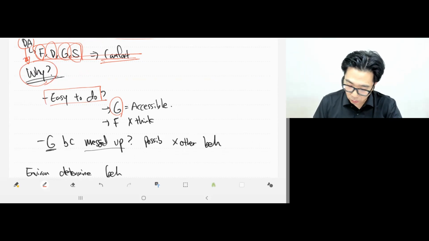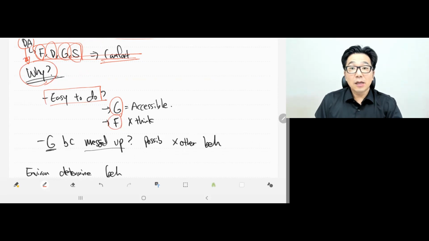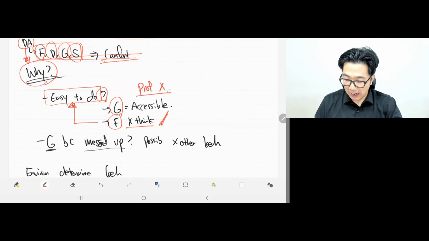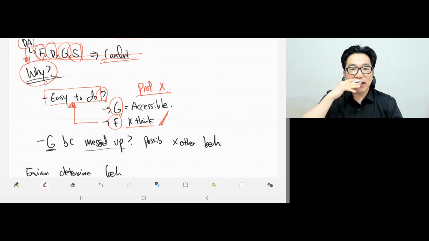And also eating: if there's food in front of an animal, the animal doesn't need to think, just go and eat. So the man thinks the reason is that it's easy to do. The professor does not say whether that's right or wrong.